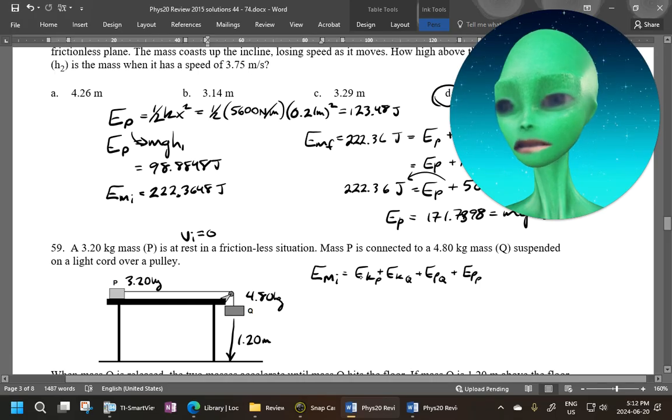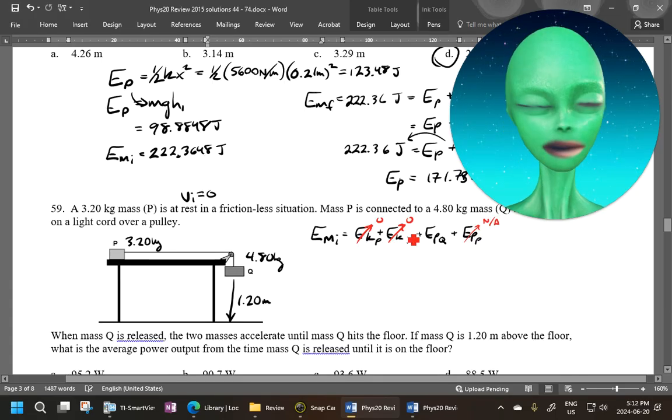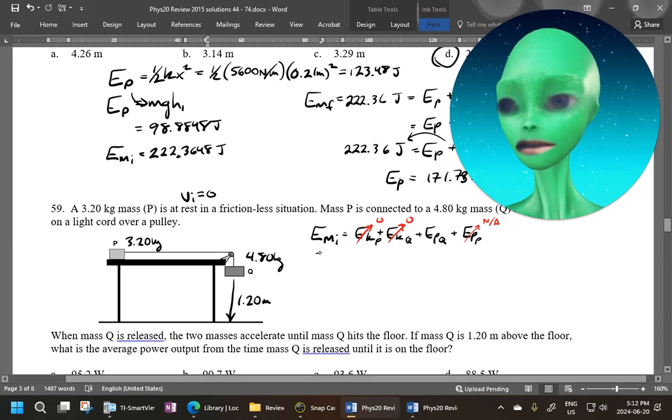So this is 0. That's 0. And this is NA, not applicable. So you don't need to worry about that. We can call it 0 if we want to. So all I have for EM at the very beginning is the energy that Q has.